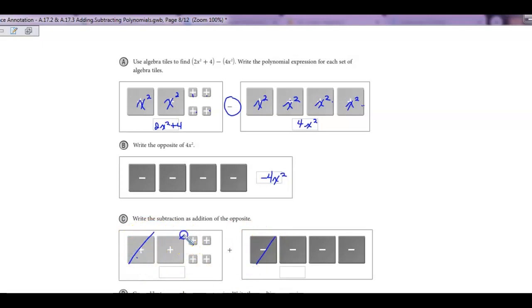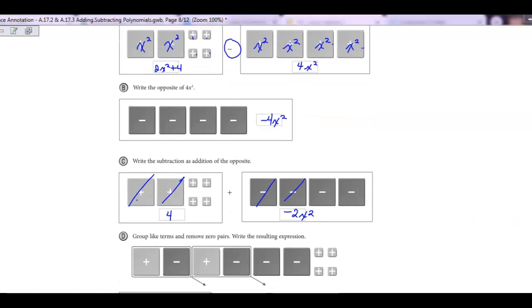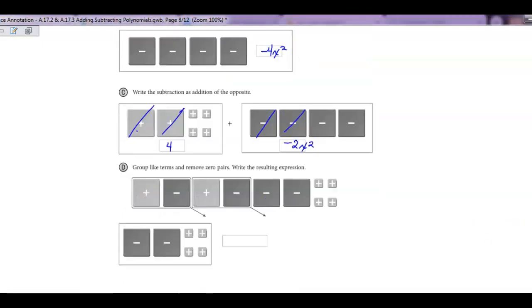We cancel those out. A 1x squared and a negative 1x squared, cancel that out. And so then we get 4 plus a negative 2x squared. So if you write it in standard form, the negative 2x squared would come first, plus the 4.